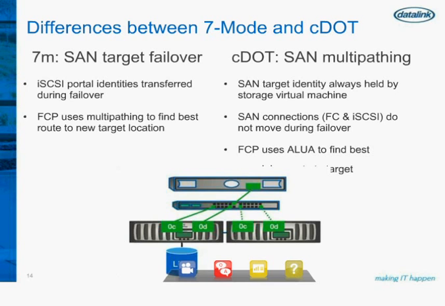In Clustered ONTAP, that is not an allowed or supported configuration because the iSCSI targets don't move. They are tied to a particular physical port. They don't migrate. And we rely on ALUA to essentially identify which path is the current active optimized path for all I/O to the system.